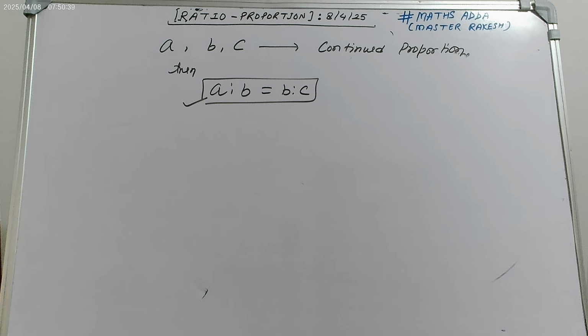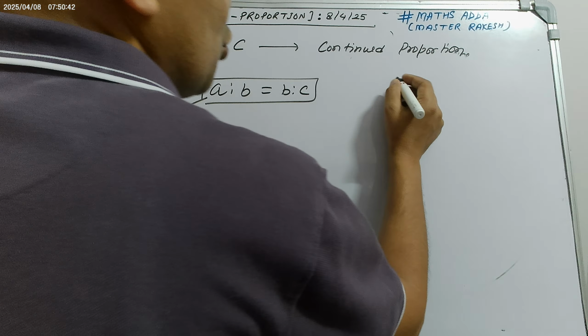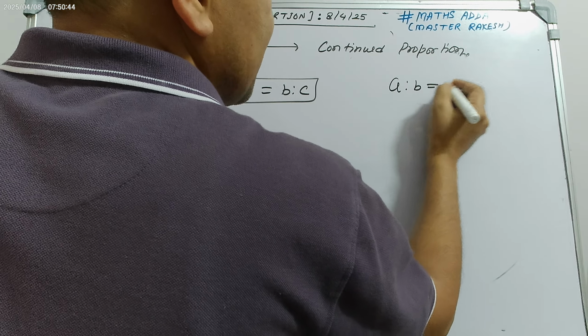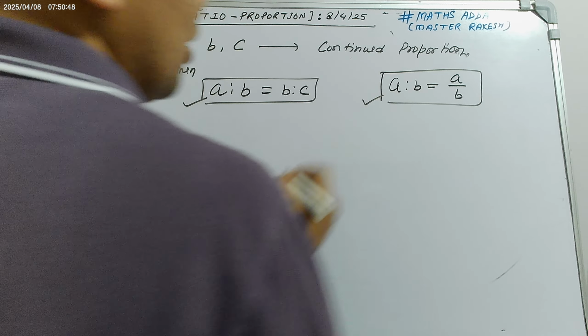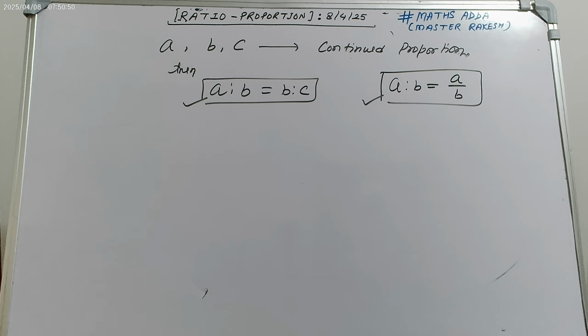Ratios are always expressed as fractions: A is to B means A upon B.